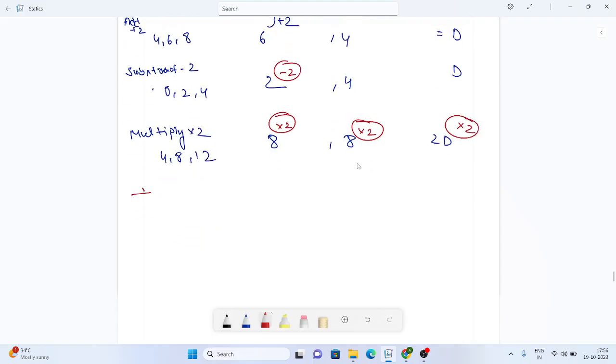Now if I divide by 2, what does this become? This becomes 1, 2, 3. So what is the mean? 2. What is the range? 2. And what is the standard deviation? D by 2. So here also the mean is divided by 2, the range is also divided by 2, and the standard deviation is also divided by 2.